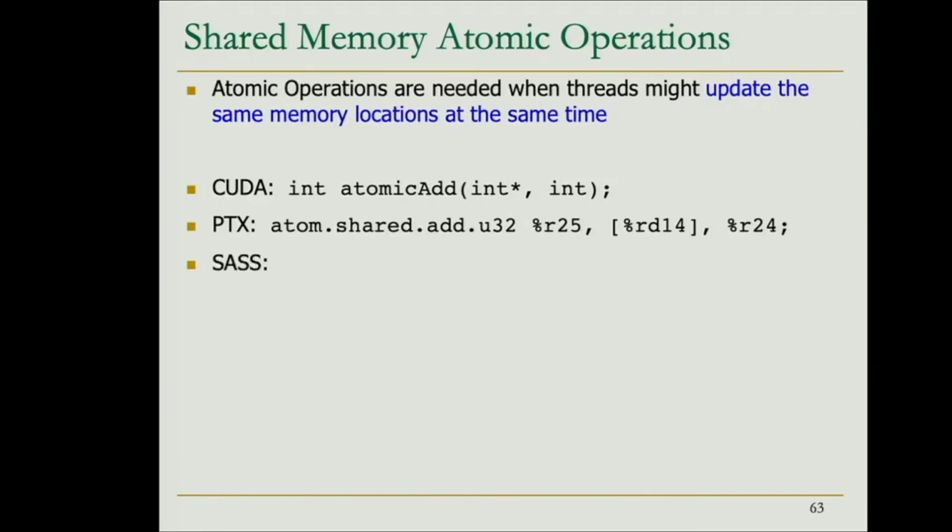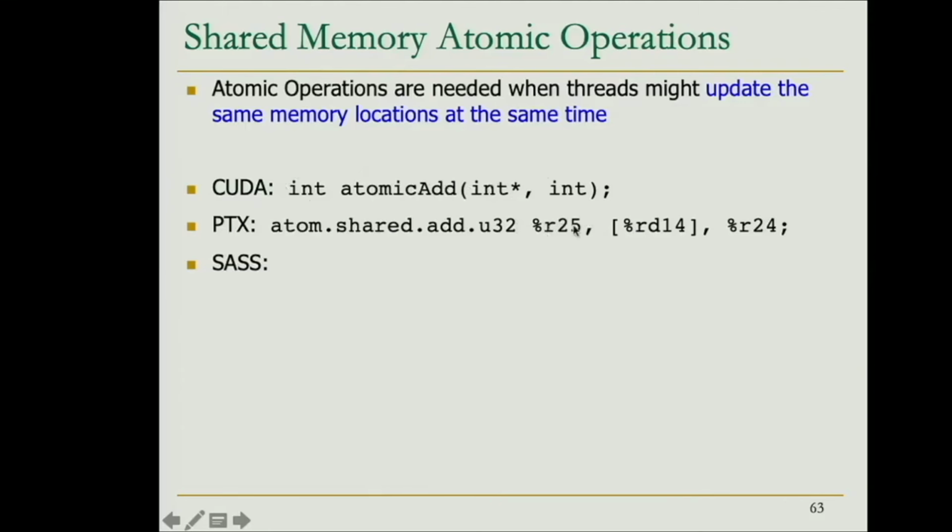If you read the PTX, you see that it is kind of simple to understand, right? This is an atomic operation on shared memory. It's an atomic add on unsigned 32, 4 bytes. And this is the output. Typically, what this atomic add returns is the old value of this memory location.